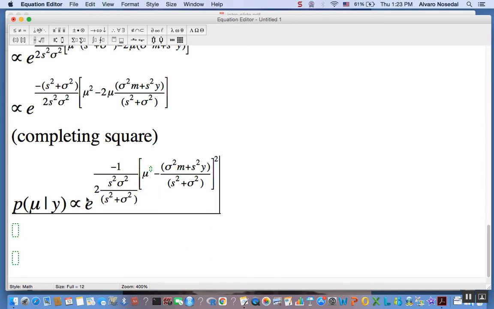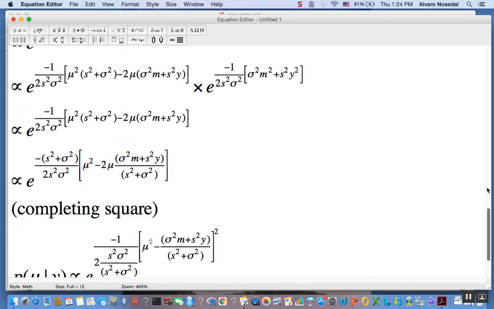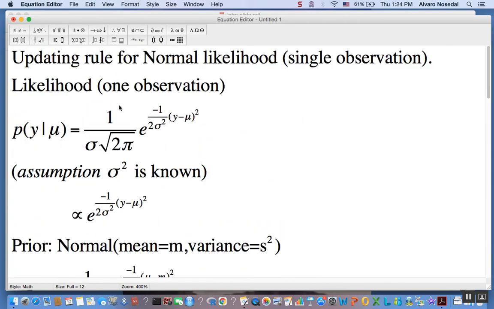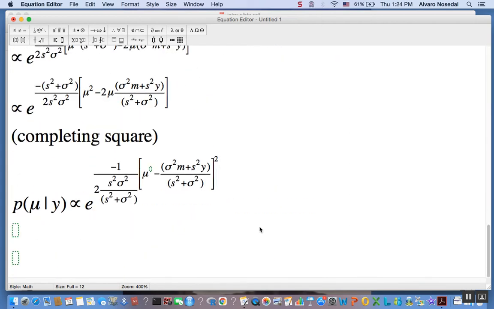So note that the variable here is mu. What we have here is mu minus something squared, and we have minus 1 divided by 2 times something. So if we go back to the expression of the likelihood for a normal, what we have is the kernel of a normal. The mean is going to be this guy, variance this guy.